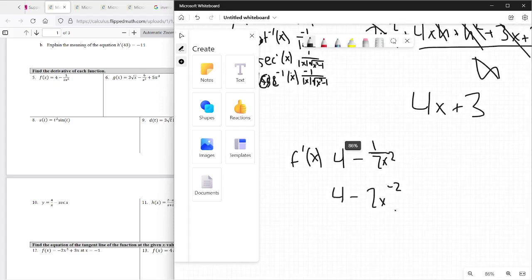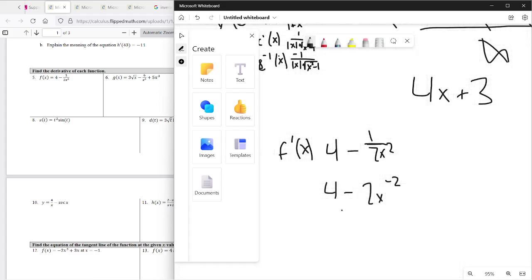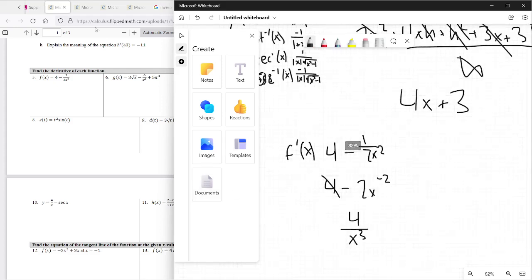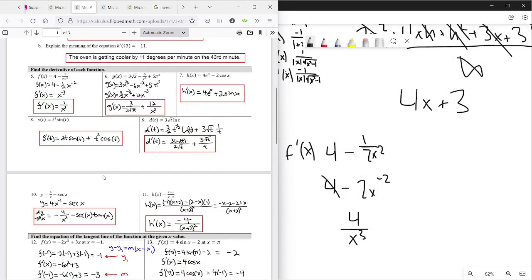Because of the constant rule, when you take the derivative of a constant, it just becomes 0, so we take that out. Then we just use power rule to get 4 over x to the third. So that should be the answer to this question.